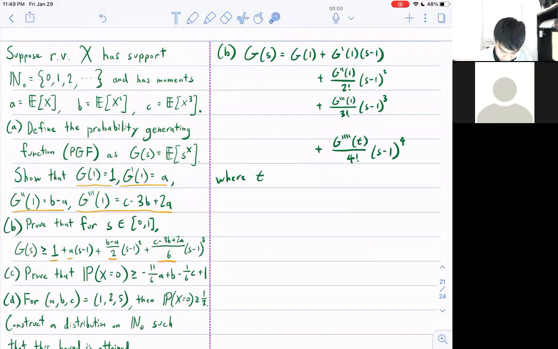But since we're given that s is in the interval 0 to 1, it's always going to be the smaller value, so t is going to be between s and 1. I want to remark here that this is a subset of the interval 0 to 1. So this is by Taylor's theorem.